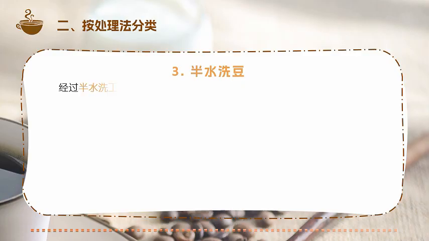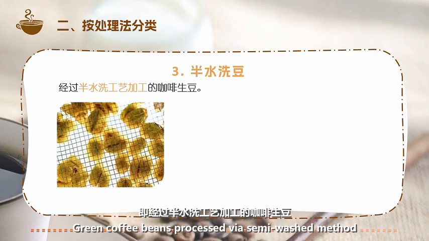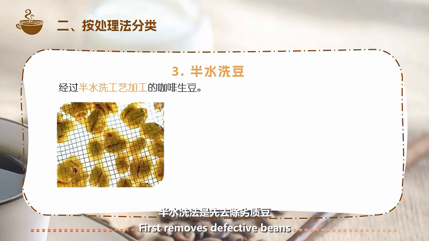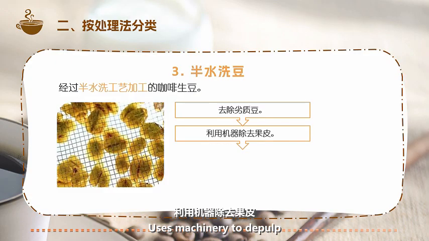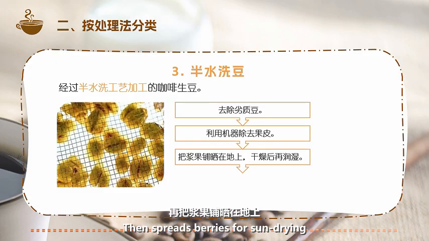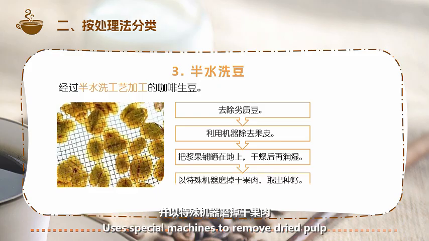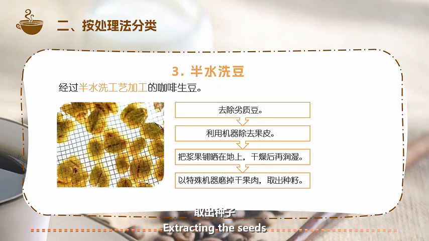Semi-washed beans. Green coffee beans processed via semi-washed method. First, removes defective beans. Uses machinery to depulp, then spreads berries for sun drying. Rehydrates after drying. Uses special machines to remove dried pulp, extracting the seeds.